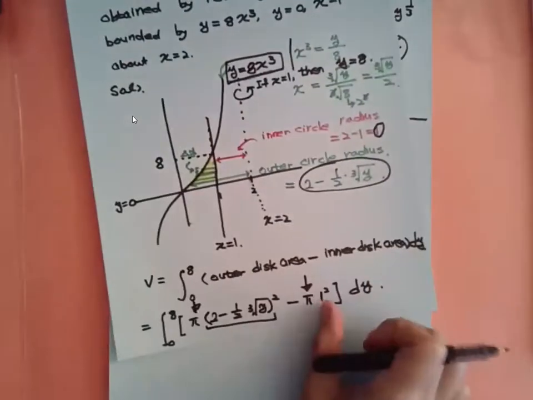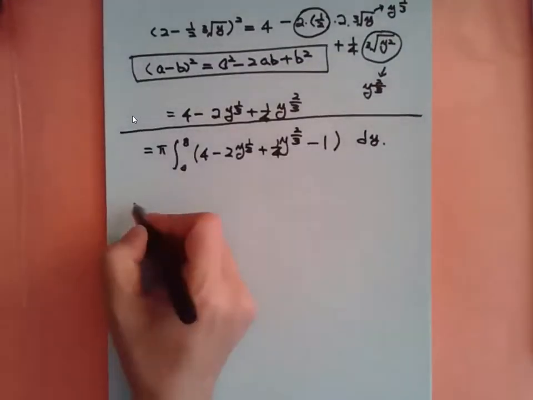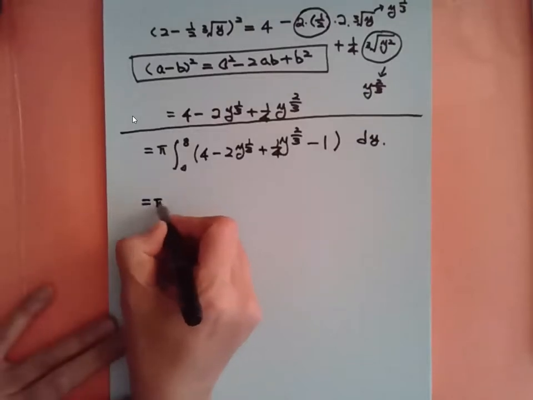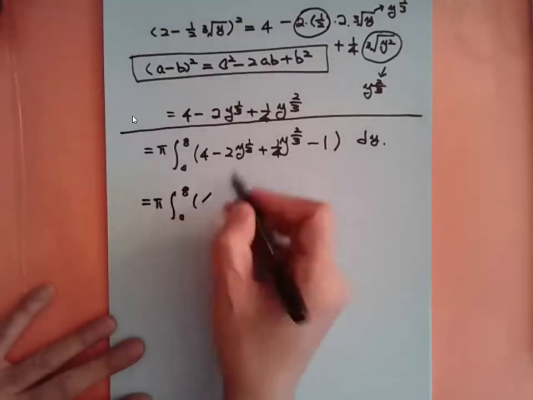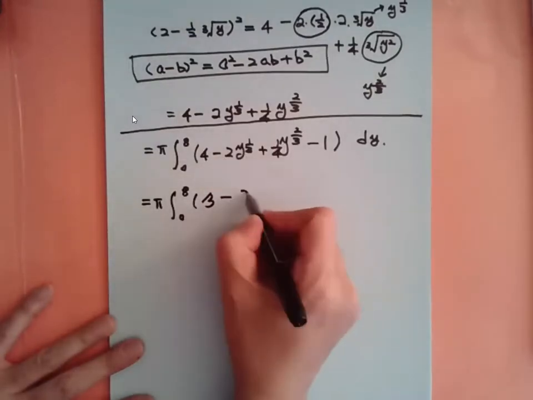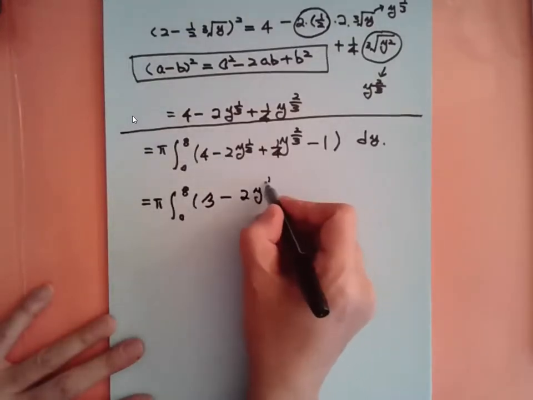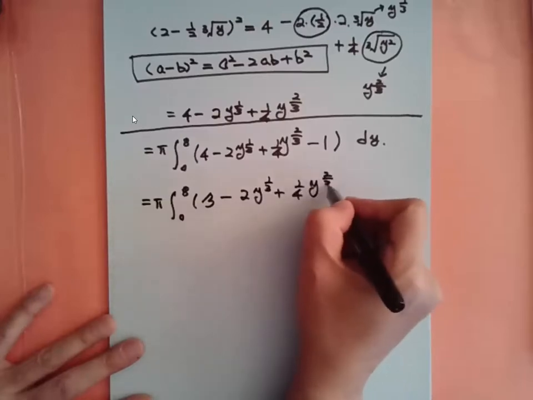That came from here. And then we have pi times the integral from 0 to 8 of 4 minus 1, which makes 3, minus 2 times y to the 1/3 plus 1/4 y to the 2/3, dy.